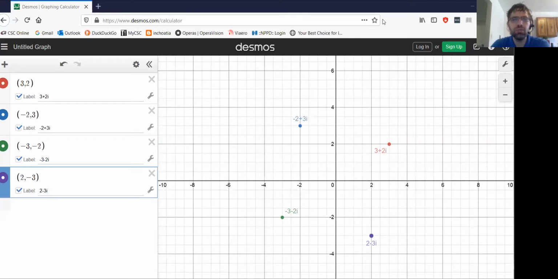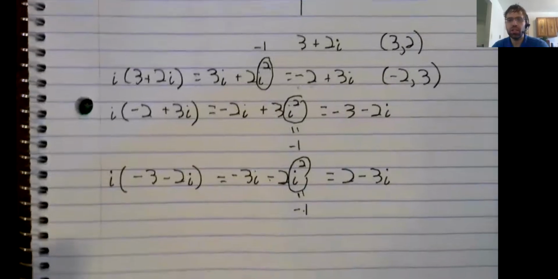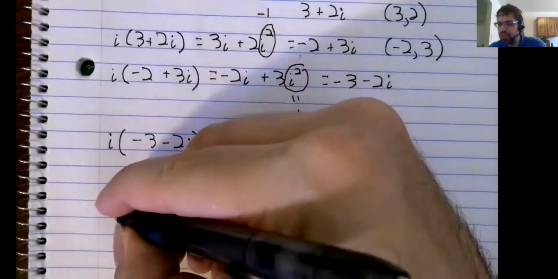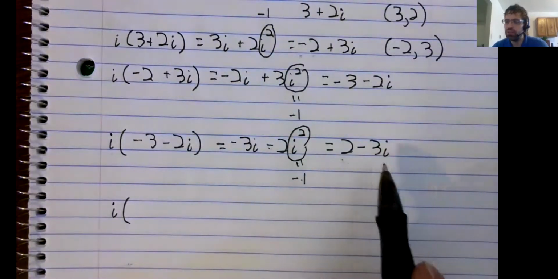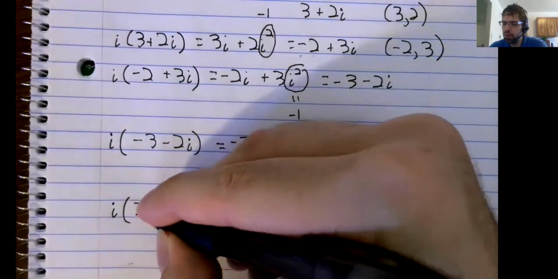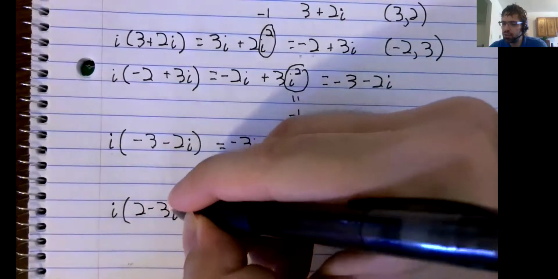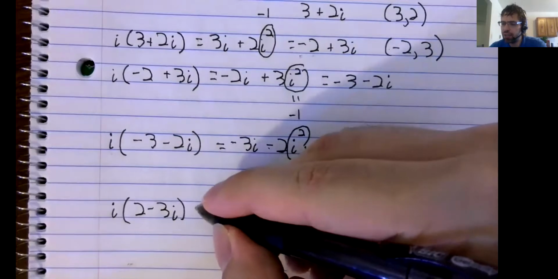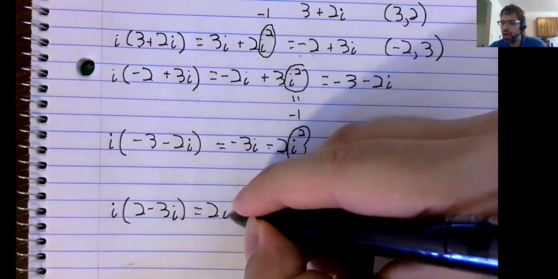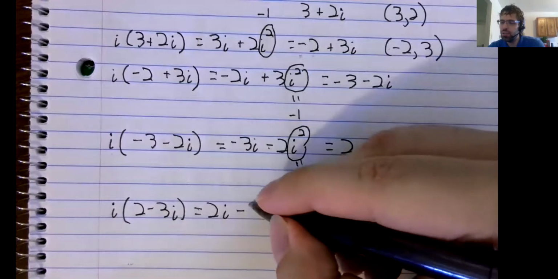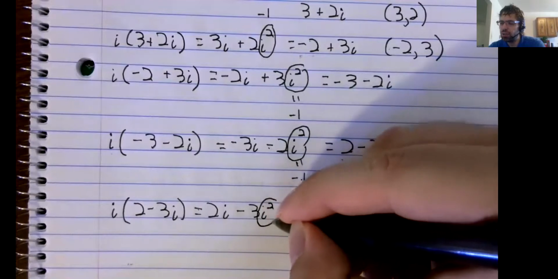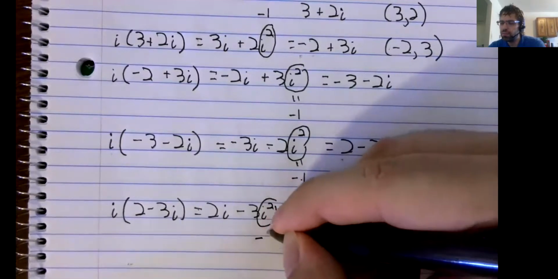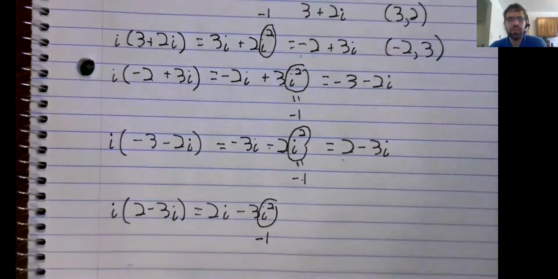Back to the document camera, and now this really is the last time. We'll multiply this new complex number we got by i, 2i minus 3i squared. i squared gives us -1.